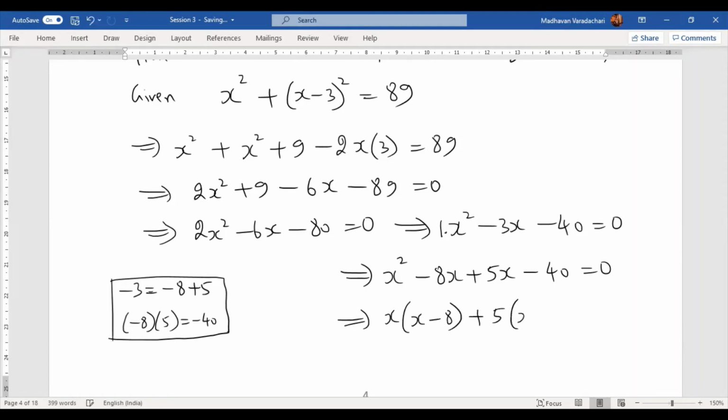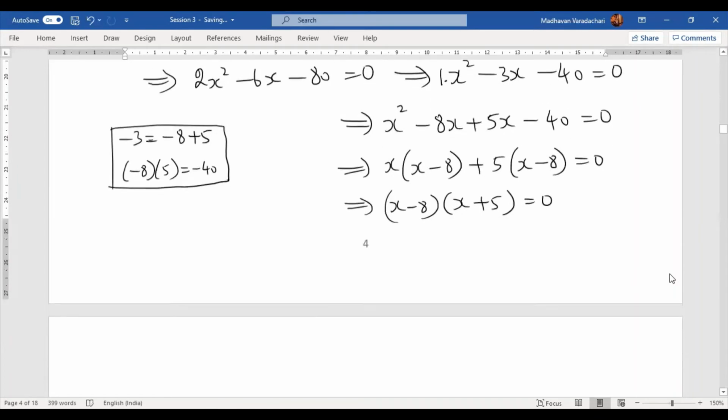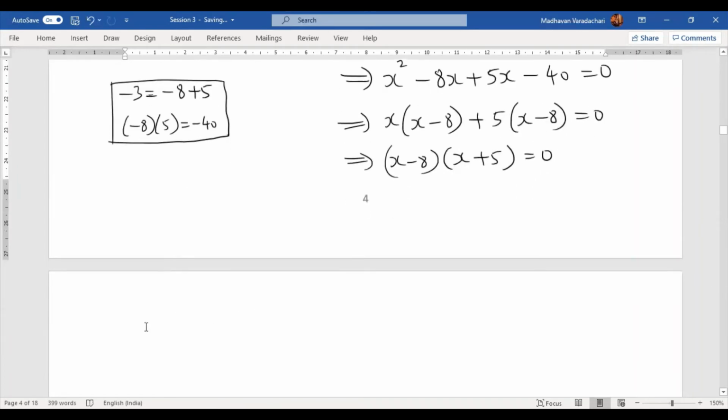Take it outside, x minus 8 equal to 0. Now in these two terms common element is x minus 8. So keep that outside. So now x plus 5 equal to 0. Now done. So we can say it implies x should be equal to 8 or minus 5.